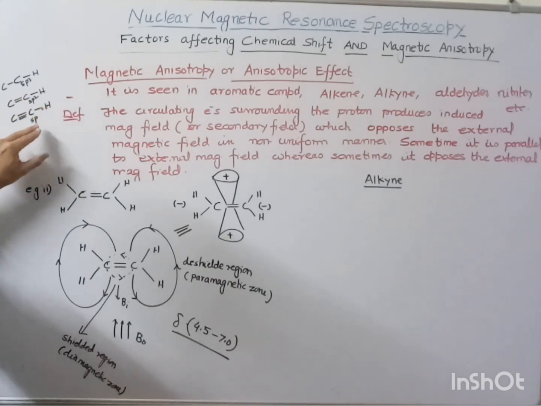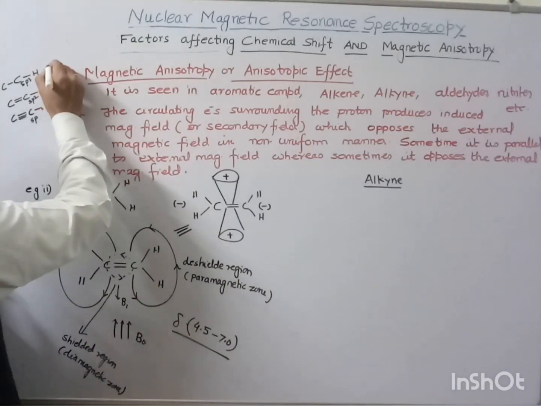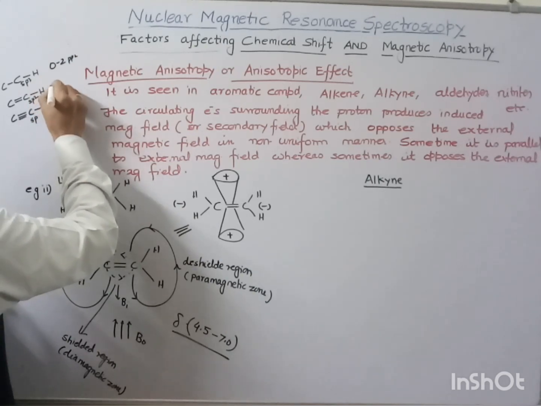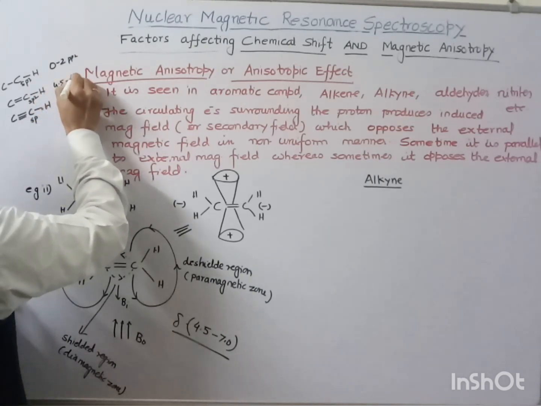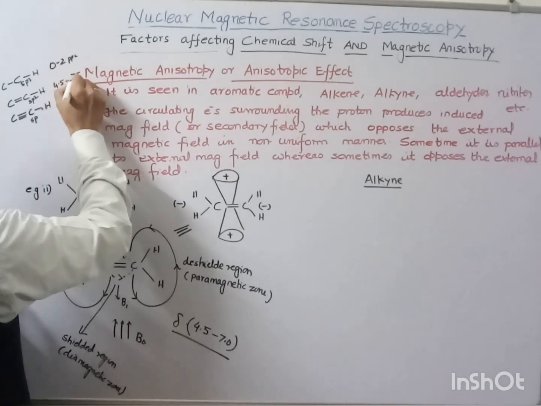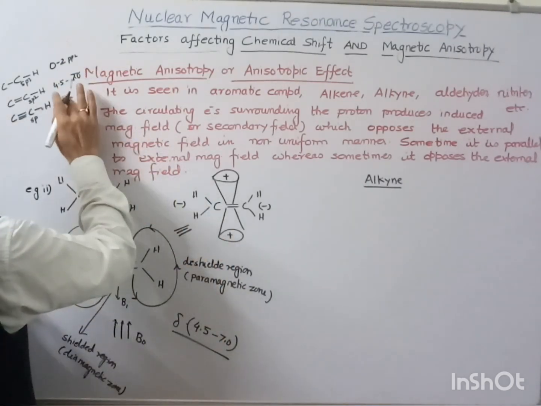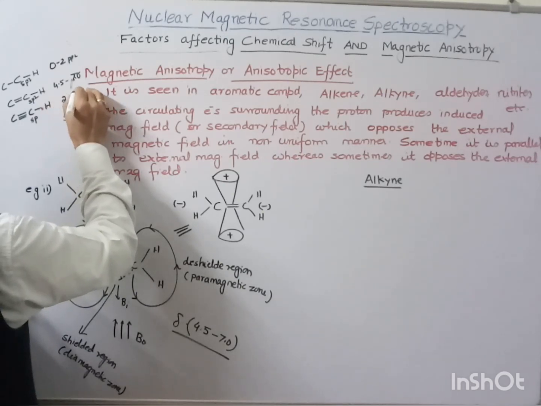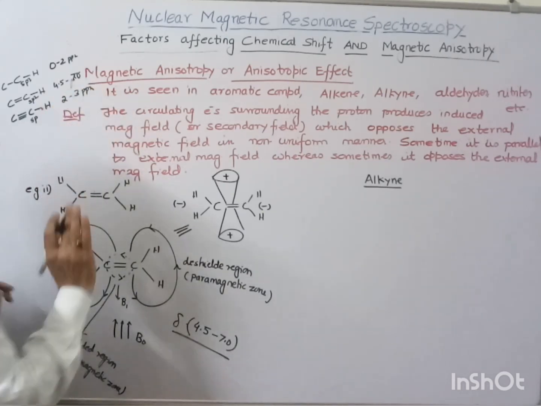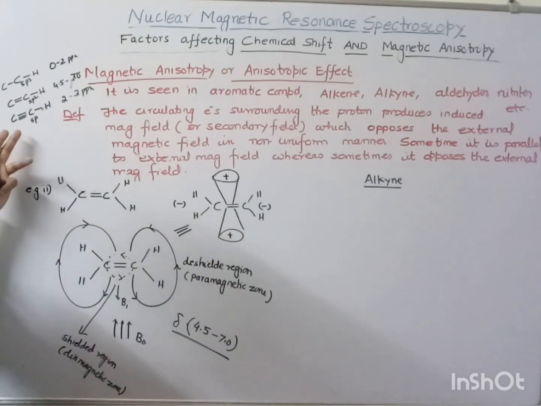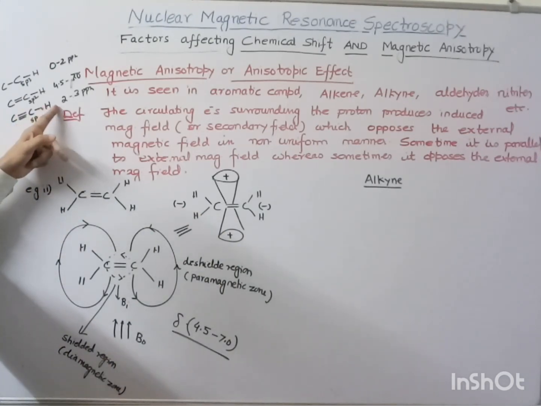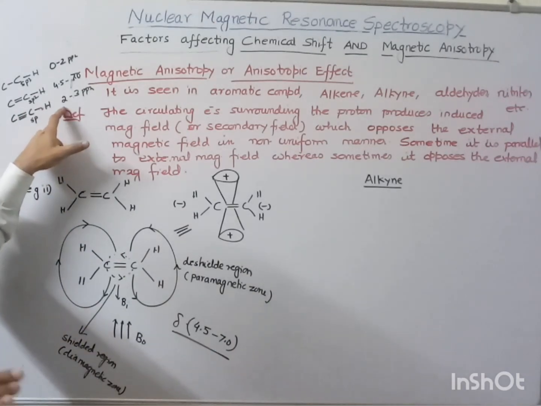That's why the delta value in this case should be higher than that of this one. But here the delta value is 0 to 2 ppm, whereas in this case the delta value is 4.5 to 6.5 or 7 ppm, and here the delta value is around 2 to 3 ppm only. So according to this electronegativity concept, this delta value should be higher, but it is lower, and this is due to the anisotropic effect.